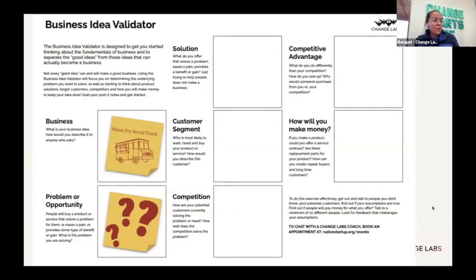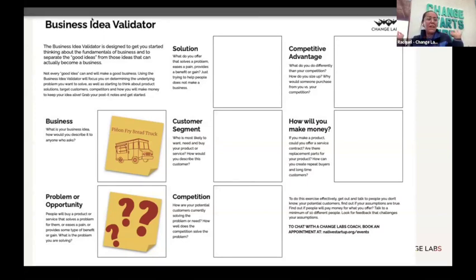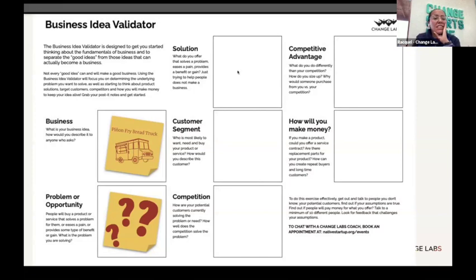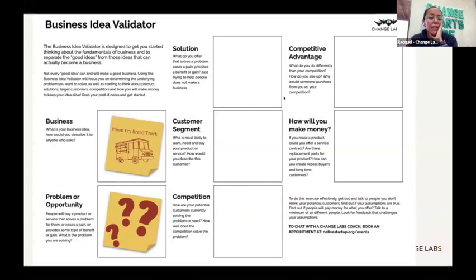Okay, so we have an idea, and Holly and Dwayne and I said the Pinyon fiber truck is going to be our idea for this week as an example to walk through with you guys. And then we're going to define what the idea is, as well as identify the problem and opportunity there.